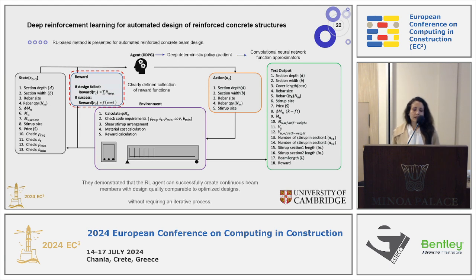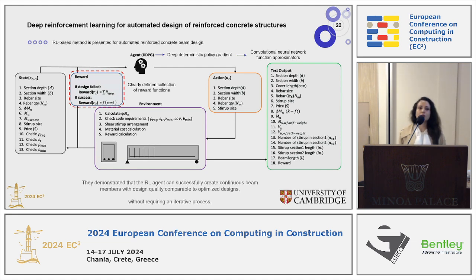This is also another example of using reinforcement learning. In this study, a reinforcement learning-based method is presented for automated reinforced concrete beam design. This method is based on the deep deterministic policy gradient and convolutional neural network function approximators.